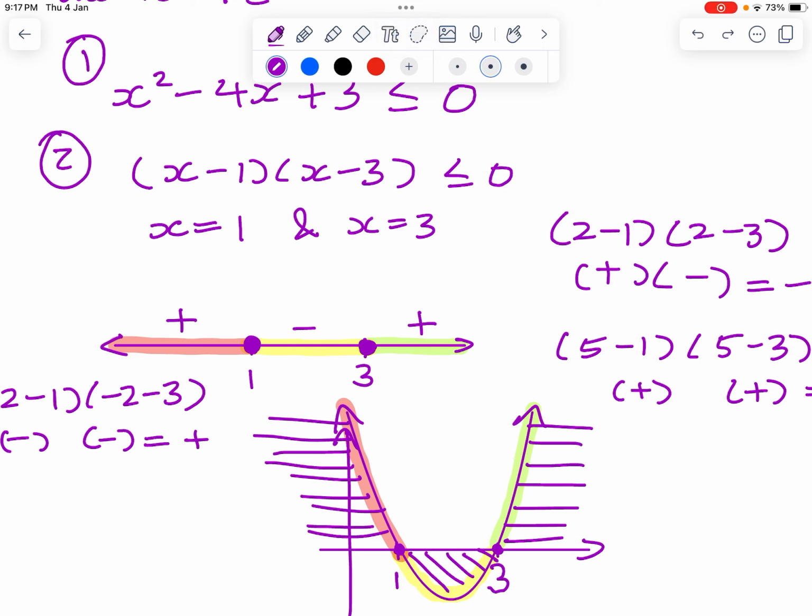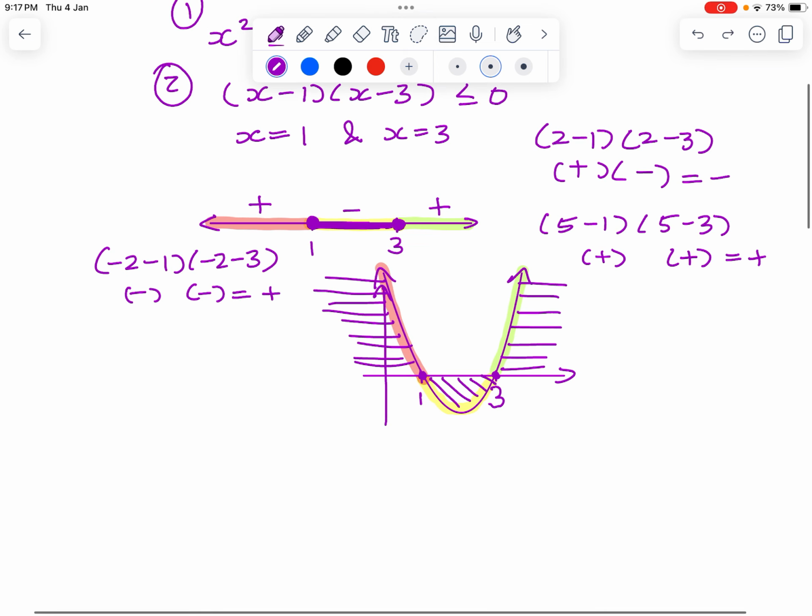If it's closed circle, it means less than or equal to, or greater than or equal to, right? So we put closed circle because it is less than or equal to. We have the thing here, so it has to be closed circle. And then we can say that from 1 to 3, the equation is negative.